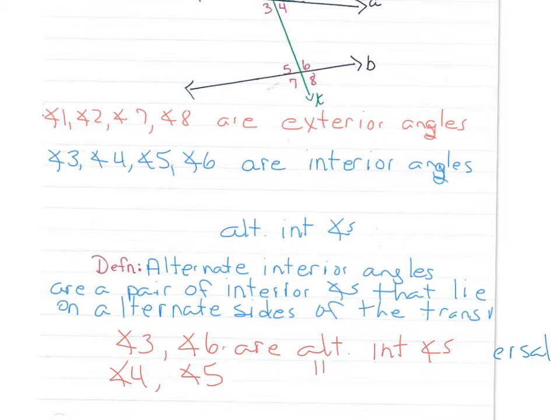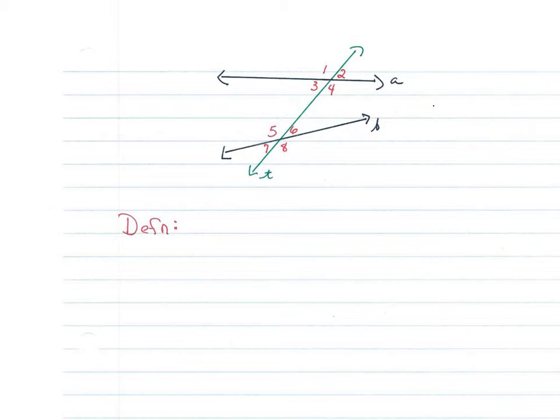If we go to the next, again, I have a diagram that looks similar to the last one. This time we want to define same side interior angles. These are a pair of interior angles that lie on the same side of the transversal.